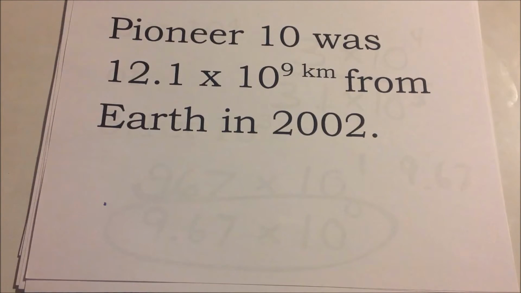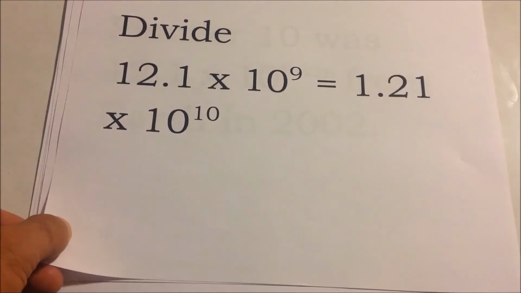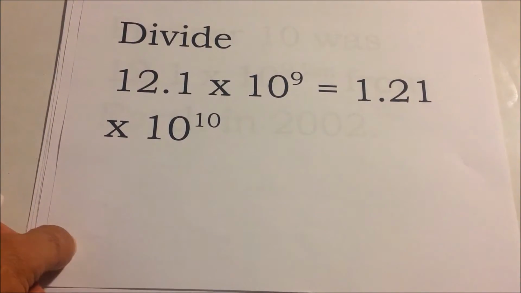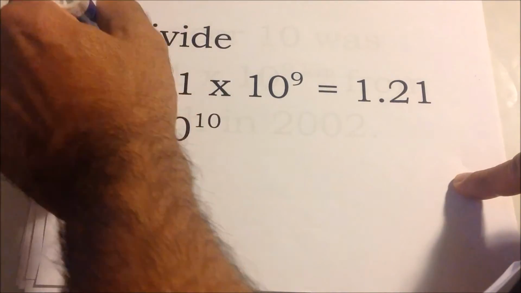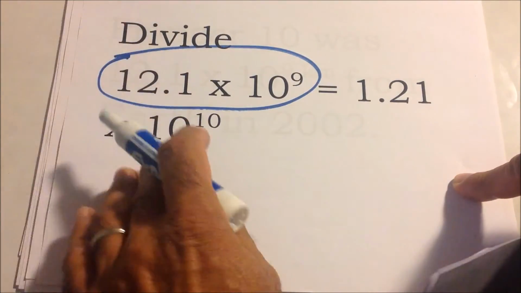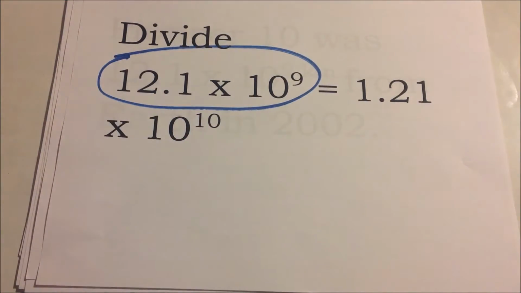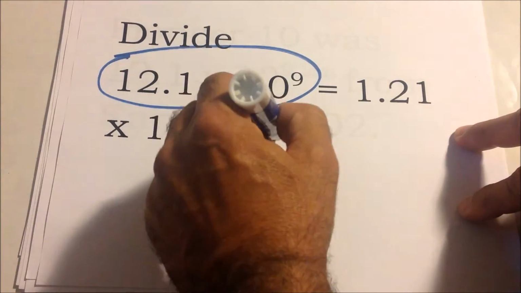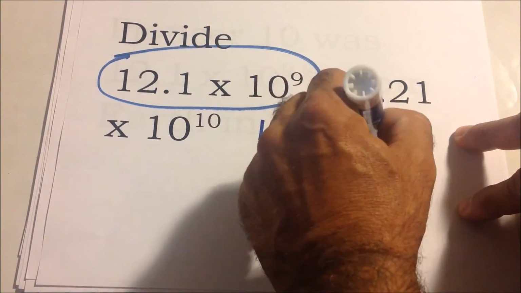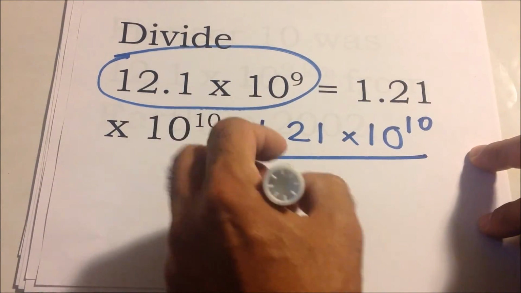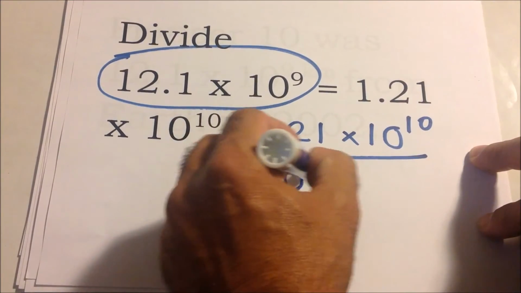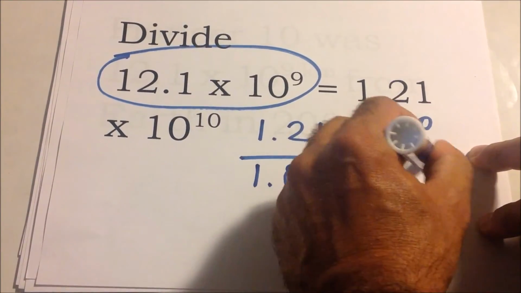So we're going to divide 12.1 times 10 to the 9th kilometer, which, by the way, is also 1.21 times 10 to the 10th power, because this is not in scientific notation. So let's do 1.21 times 10 to the 10th power divided by 1.08 times 10 to the 9th power.